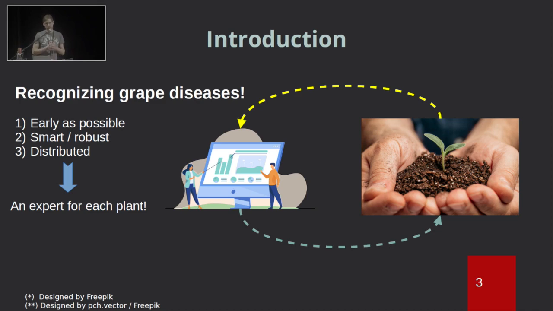Usually it is done by an expert that visually checks the plant and sees which diseases are affecting it and how much they are extended. But this could be done by an AI.